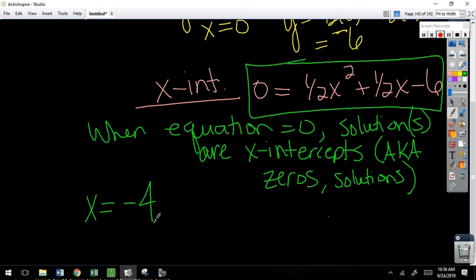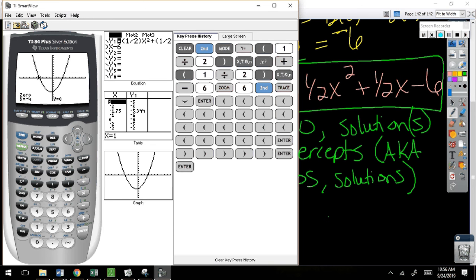Okay? Now try it with me. Okay? I'll have to show you. It's way different. Second trace. Okay? 0. Put it on the 0, or put it as close to the 0 as you can get.